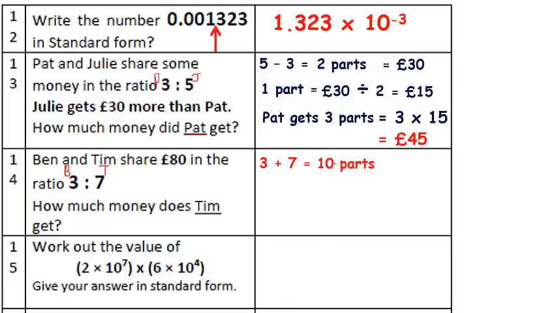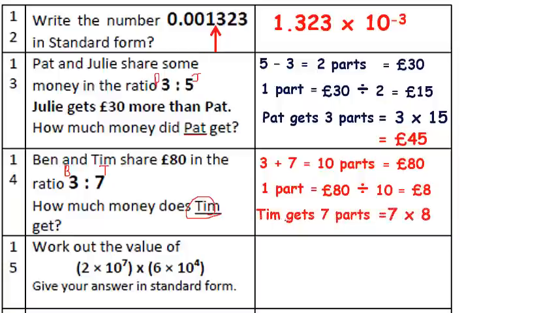And they're going to share £80 into 10 parts. Ben is going to get 3 of those parts. Tim is going to get 7 of those parts. And the question wants us to work out how much Tim gets. So if I do 80 divided by 10, each part is worth 8. Tim is going to get 7 of those. So 7 lots of 8 is 56. That's how much Tim gets.